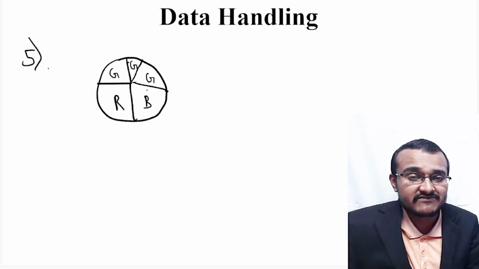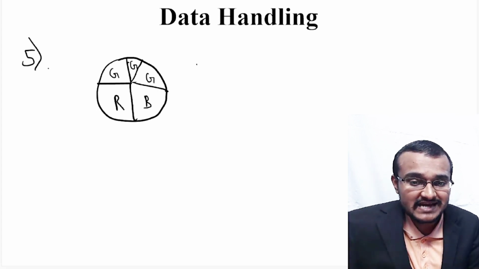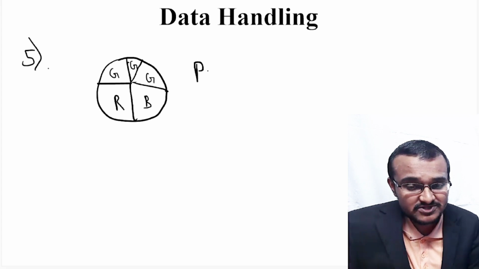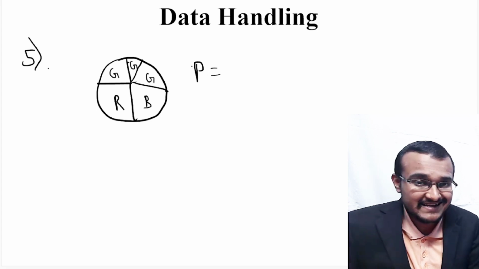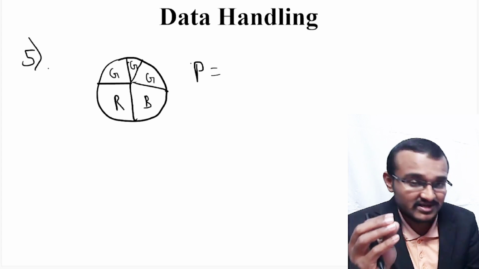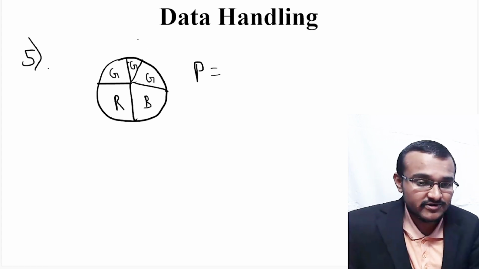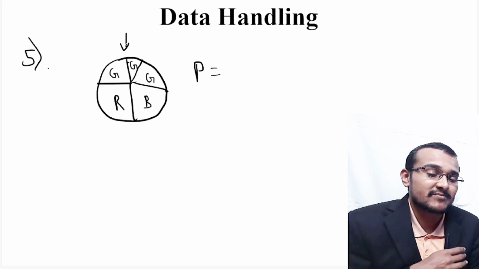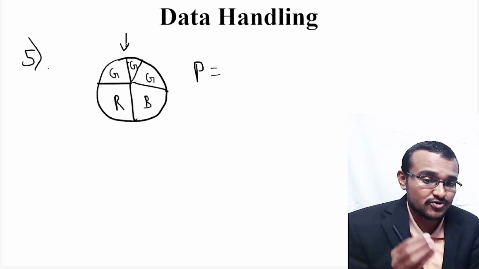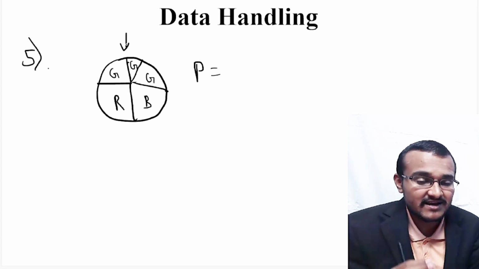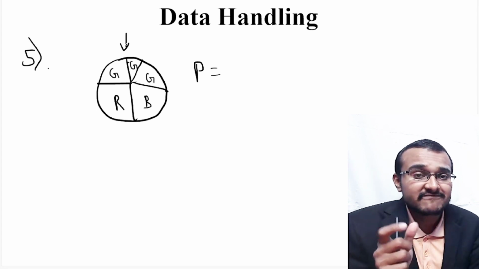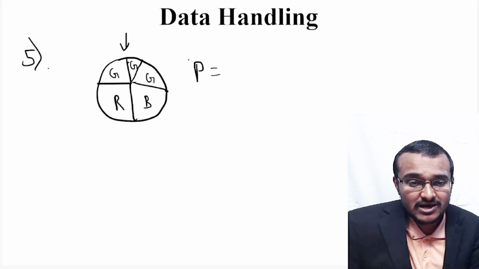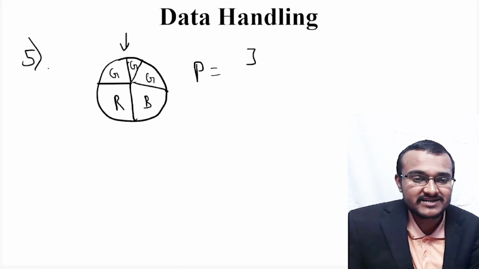So based on this they have asked 2 questions in this particular fifth question. The first question is getting green on this particular spinning of the wheel. If an arrow mark is there like this and you spin this wheel, what is the probability of getting green? So the probability of getting green will be 3 by 5, because the possible outcomes of getting green is 3, as only 3 divisions are green.